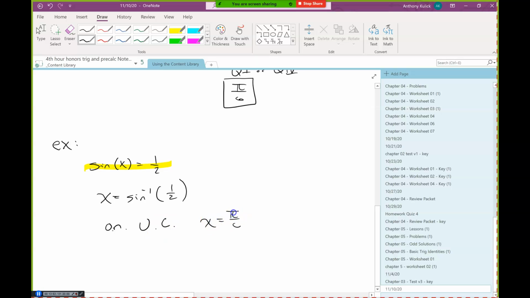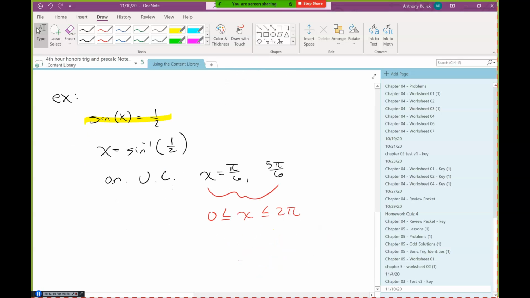So I get pi over 6, but I also get 5 pi over 6. So these are our answers, between 0 and 2 pi, right?